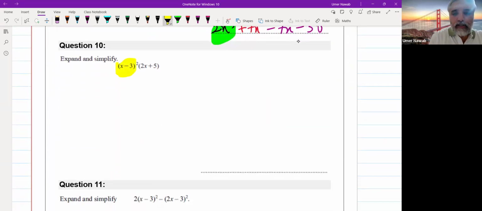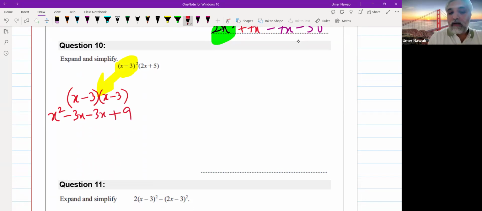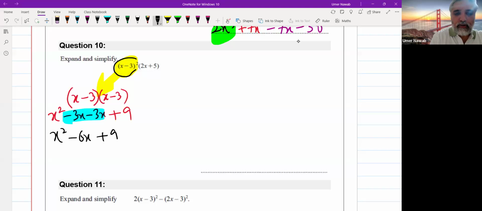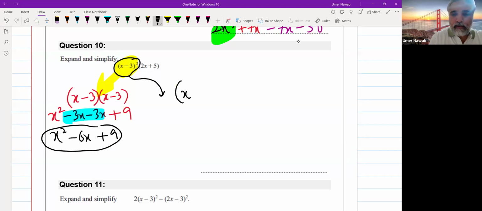Sometimes you see a square on the bracket. So here you go. You write this bracket 2 times. Now I'm going to multiply. We got the 4 terms, and then we simplify the middle 2 terms. So x squared negative 6x plus 9. So this is done. I'm going to copy it. x squared minus 6x plus 9.